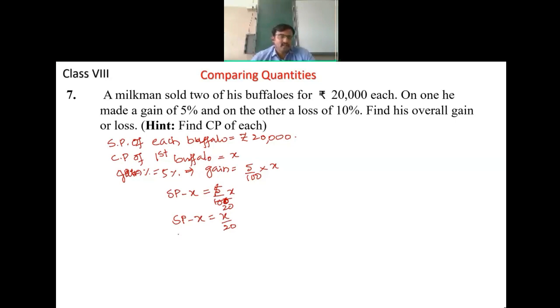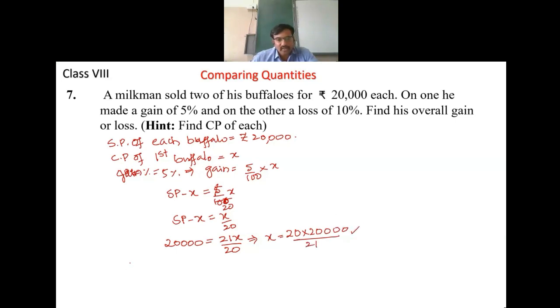What is SP? 20,000 minus X. This minus X we can transpose, it becomes plus, 21X by 20. X will be equal to 20 times of 20,000 divided by 21. We get the cost price.